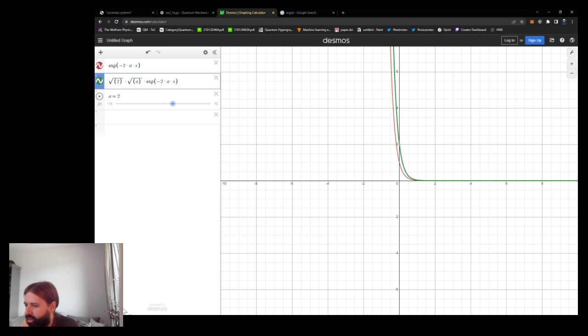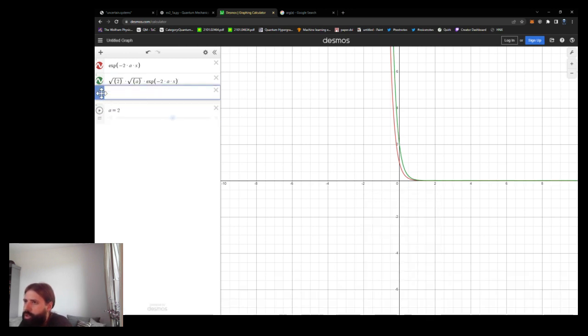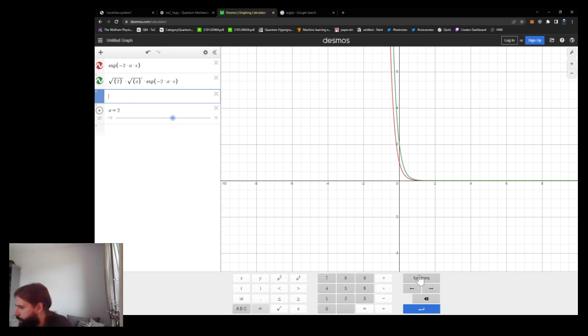I don't think you can calculate the integral here. Oh, you can do the integral. So can I just, for example, do the integral here?